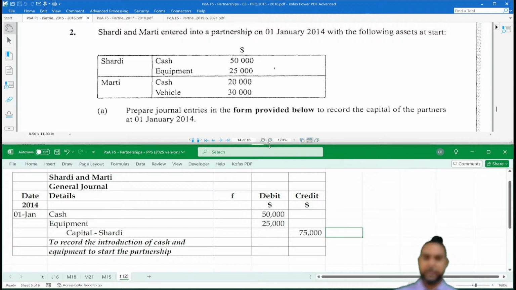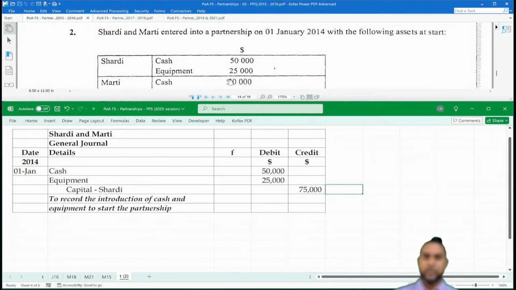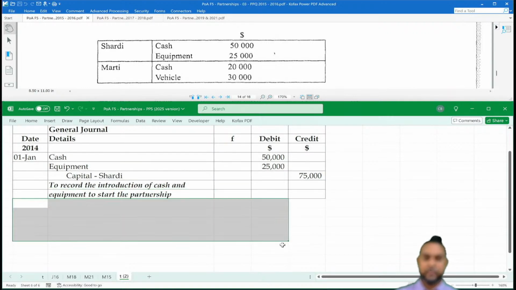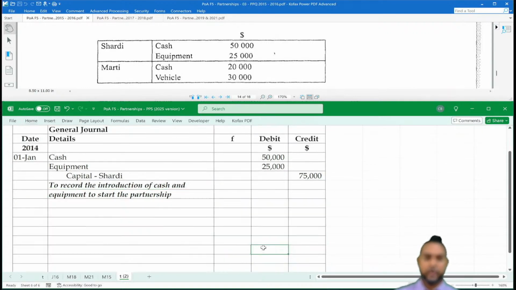So let's just actually kind of pull this up a little bit. I need to just skip a couple lines. So the same, 01 January. Right. So Martina was bringing in cash of how much? 20,000 and vehicle. Right. 50,000.